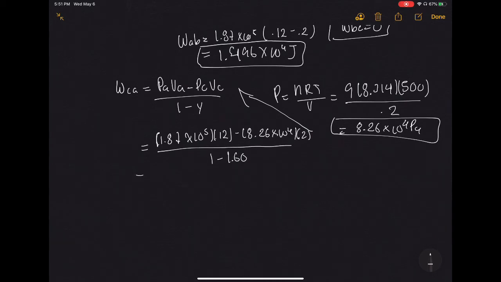So the work from C to A is negative 9.87 times 10 to the 3 joules.